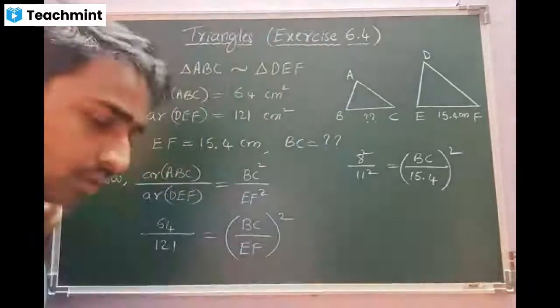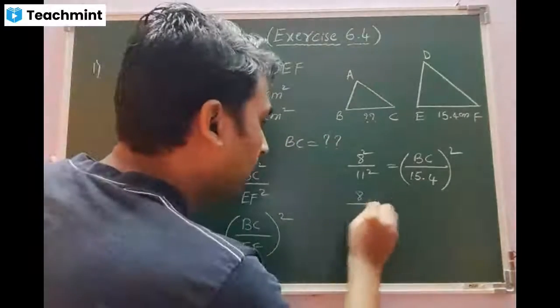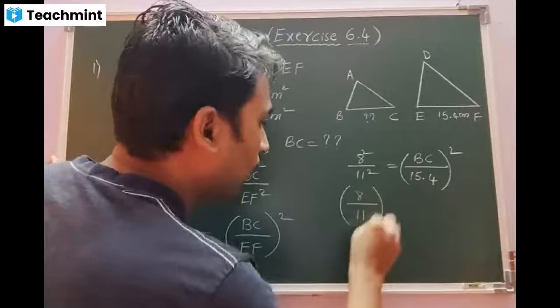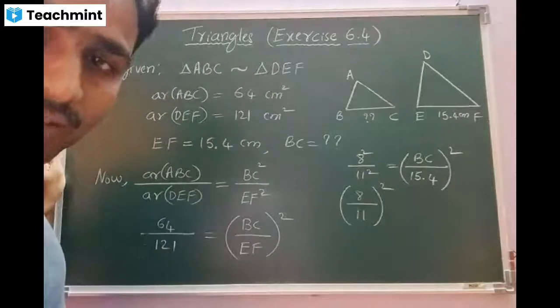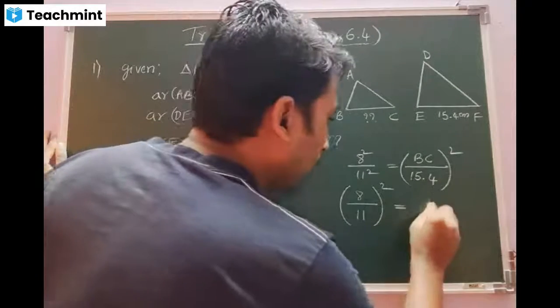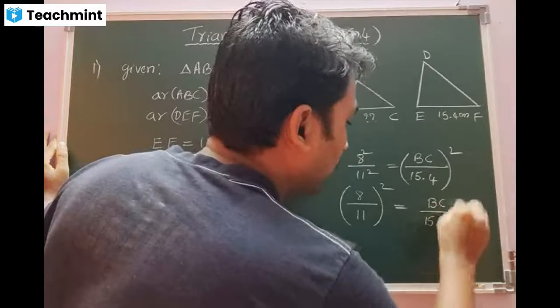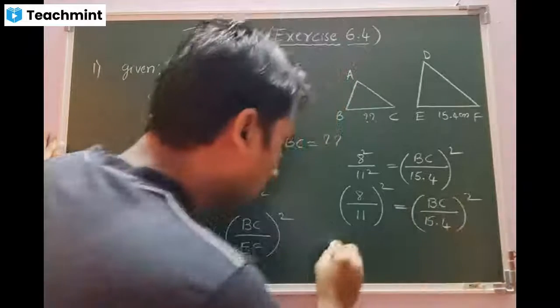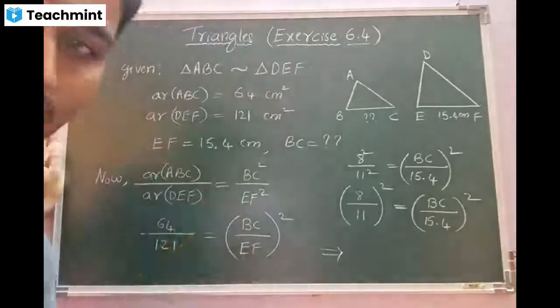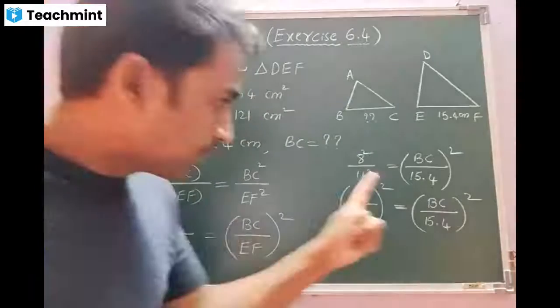Okay, next work, beta. It can be written as 8 by 11 the whole square, applying the laws of exponent, is equal to BC by 15.4 the whole square. Now, beta, this implies, look at the concept. This concept is very important.